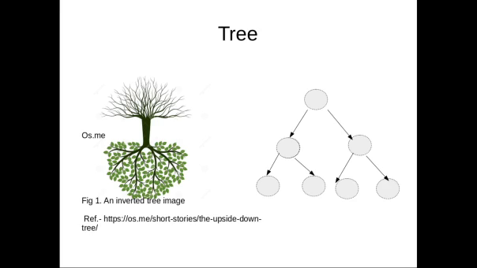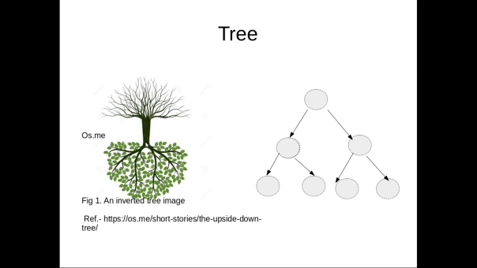Let us see an example. This is an inverted tree. You can see there is a root, and then it is further divided. The water comes from the tree root.